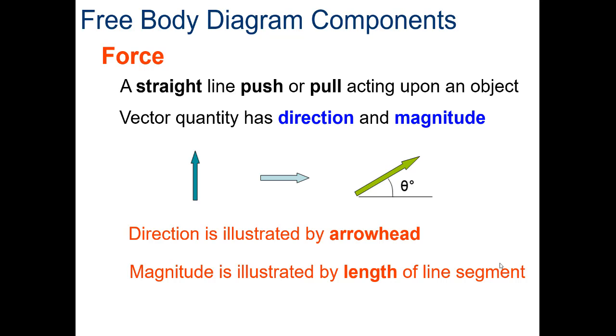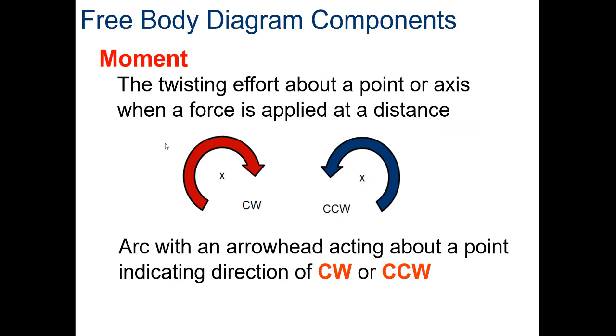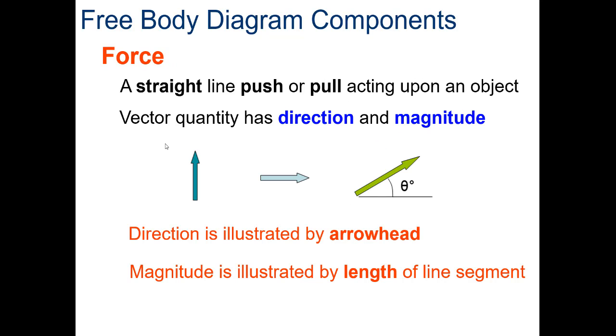So a force is a straight line push or pull acting upon an object. An important piece of vocabulary here is a vector quantity, which we're going to get to after this unit, when we do force vectors. A vector quantity has direction and magnitude.